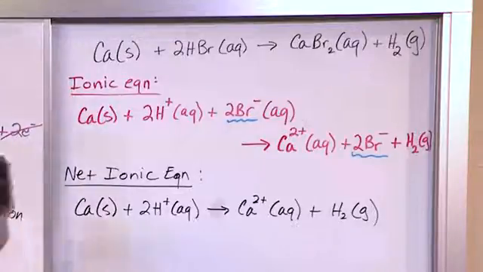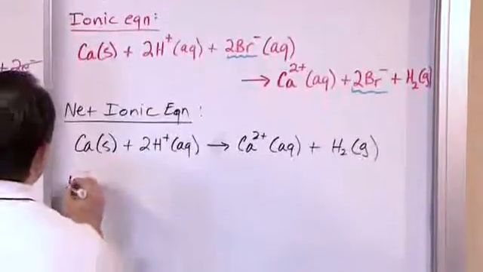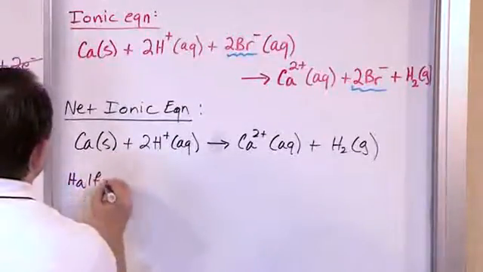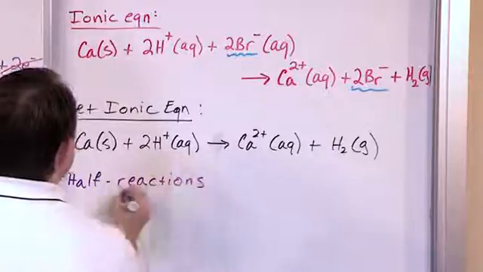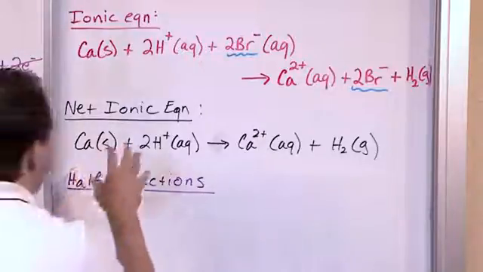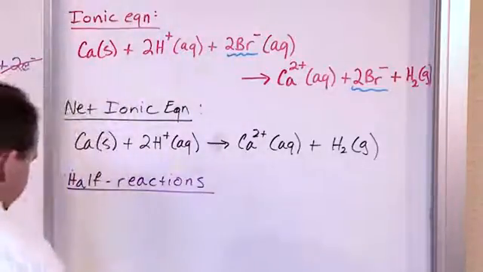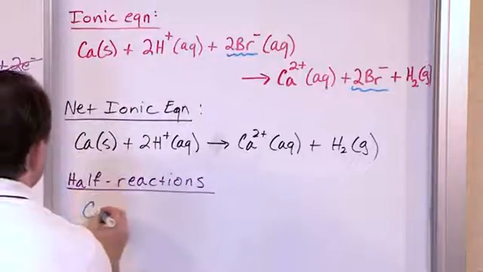Now the part C, the part that we really want to get to, is the half reactions. Now that we have the net ionic equation, we can more easily write the half reactions down. What is calcium doing?